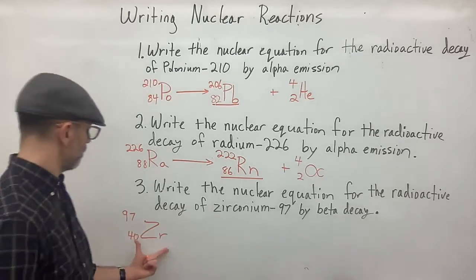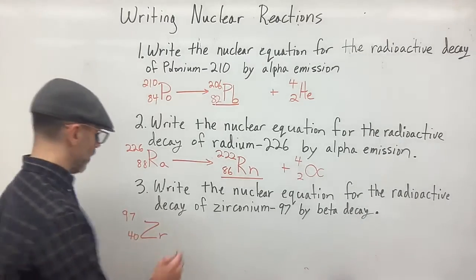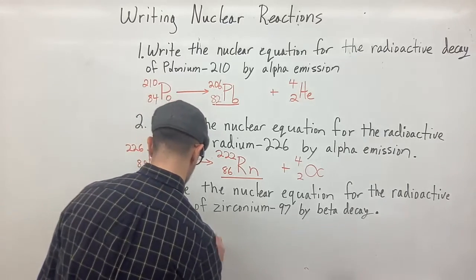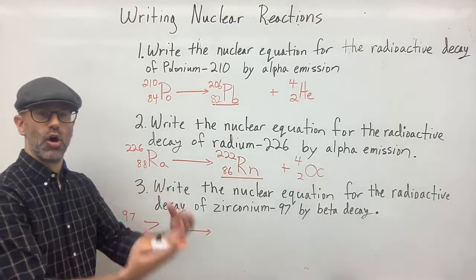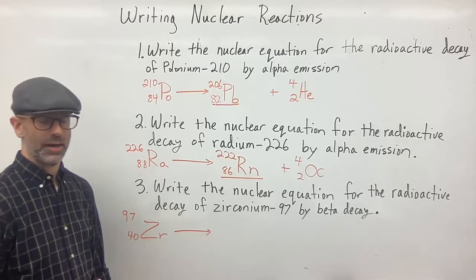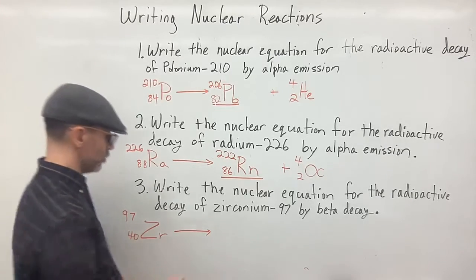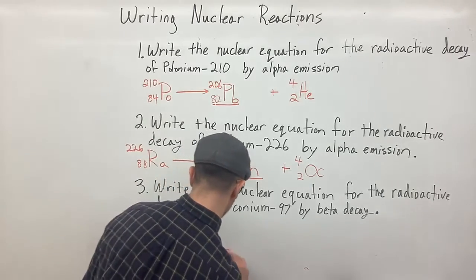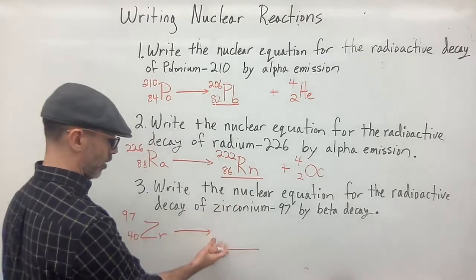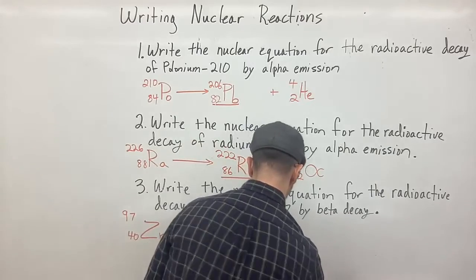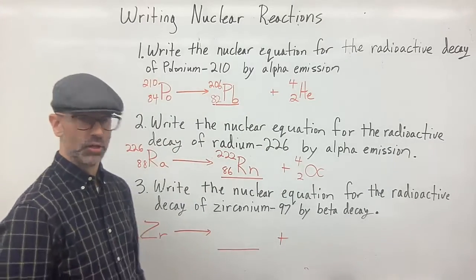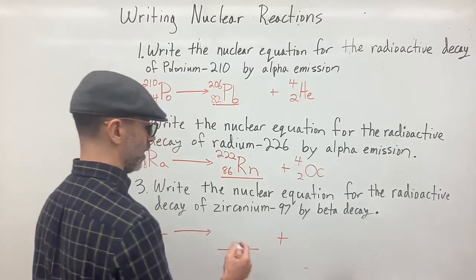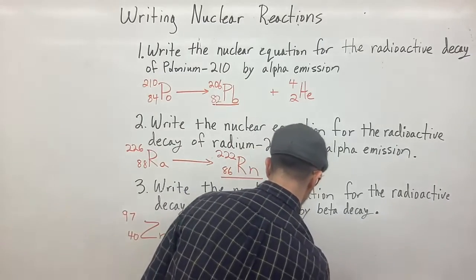Okay, so here's our parent isotope. We're now going to complete our equation. So it's giving off a beta particle. So we're going to end up with some other daughter isotope plus the beta particle. And the beta particle can be written like this.